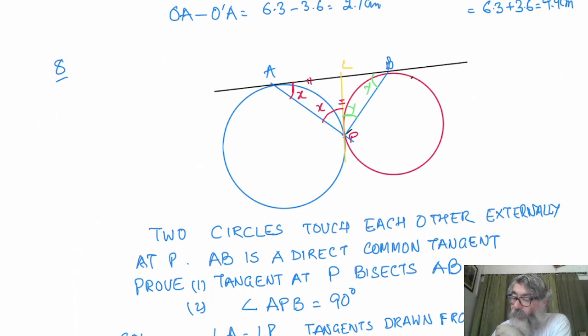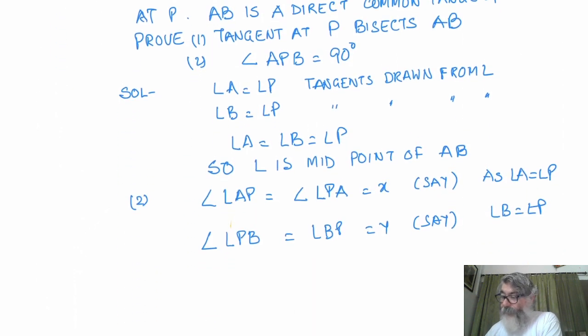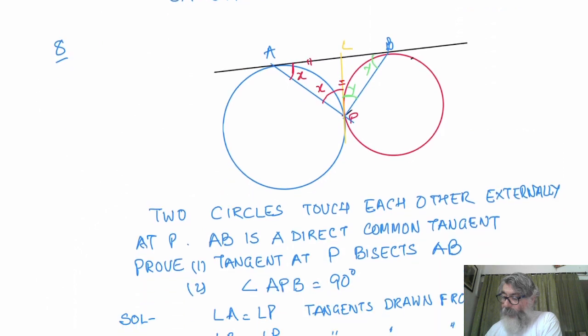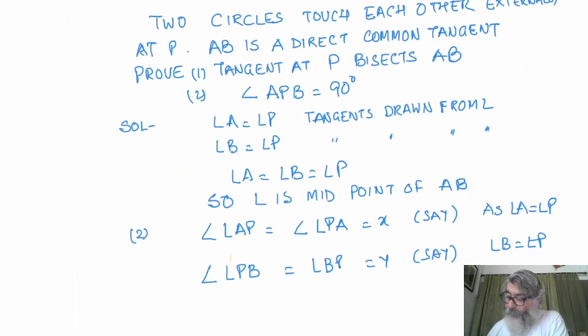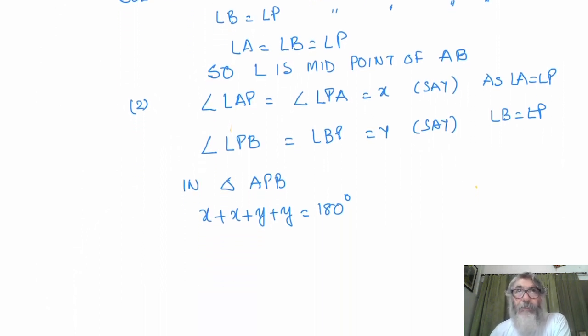If you add up all the angles of triangle APB, it will be x plus y plus x plus y, which is 180 degrees. The sum of the interior angles of a triangle is always equal to two right angles.